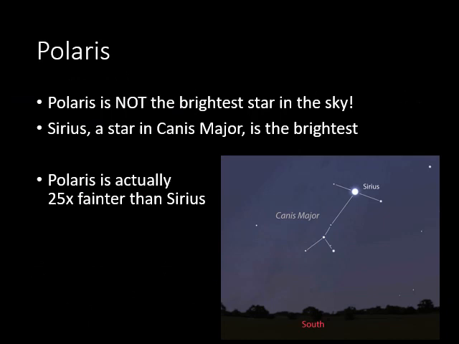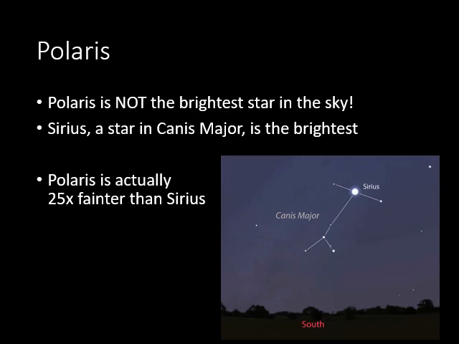One big misconception that I want to make sure that I cover is that people think Polaris, the North Star, is the brightest star in the night sky. It's actually not even close. Those of you that saw my wintertime star lecture might remember that we talked about the brightest star in the night sky, and it is called Sirius.